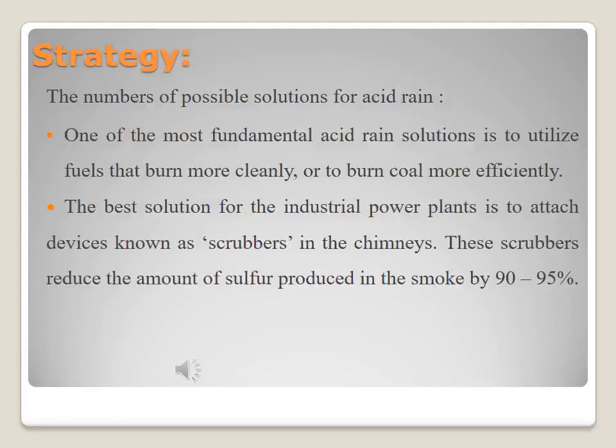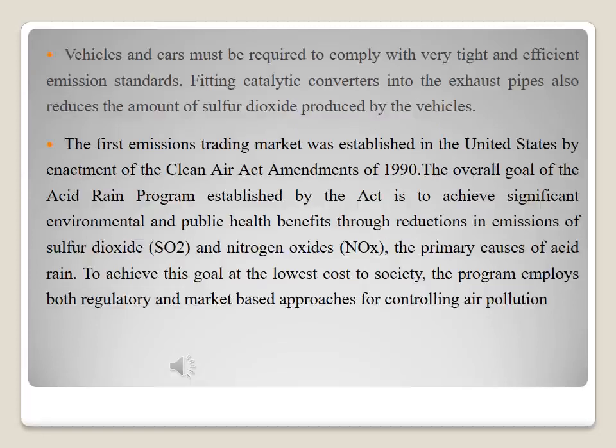These scrubbers reduce the amount of sulfur produced in the smoke by 90 to 95%. Vehicles and cars must be required to comply with very tight and efficient emission standards. Fitting catalytic converters into the exhaust pipe also reduces the amount of sulfur dioxide produced by the vehicles.